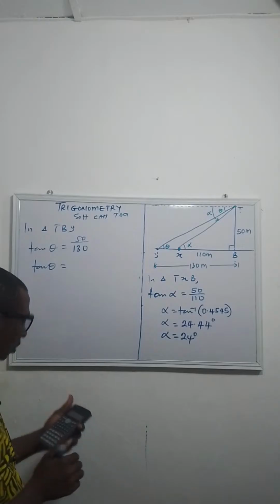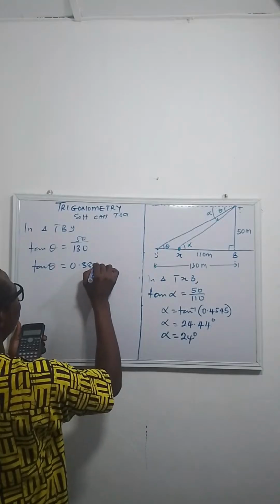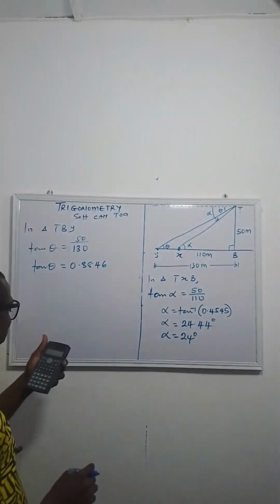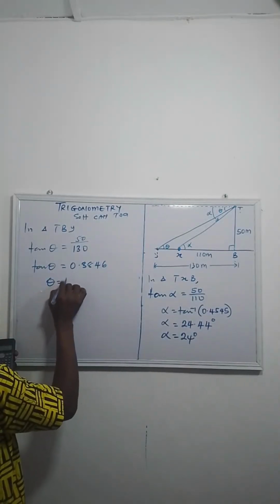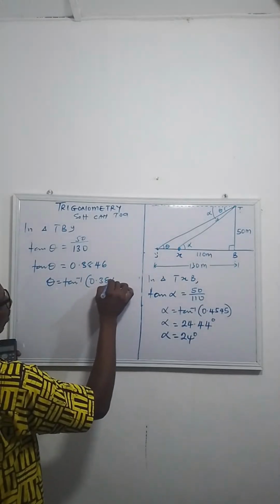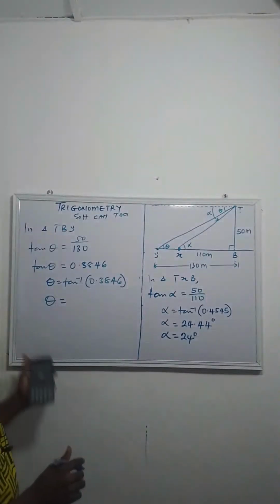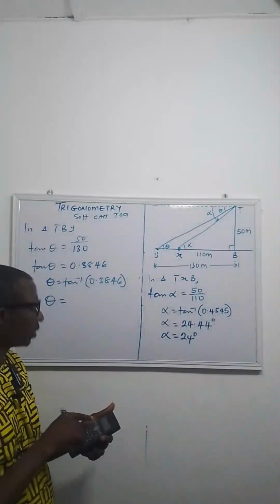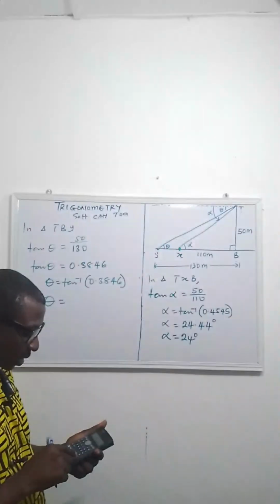That gives us 0.3846. So you find arctan of this. So we have theta equals arctan of 0.3846. Now what is arctan of 0.3846? Can you drop your answer in the comment section?